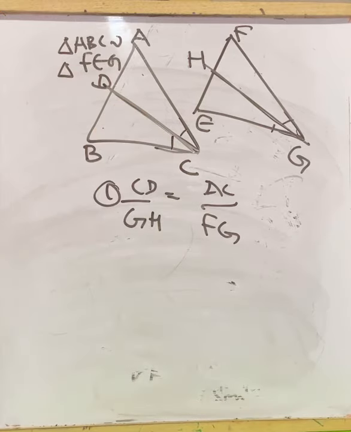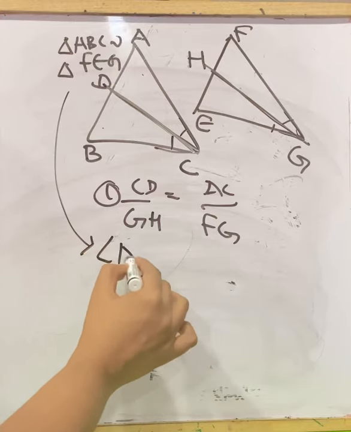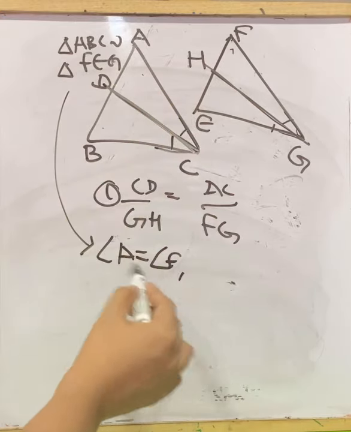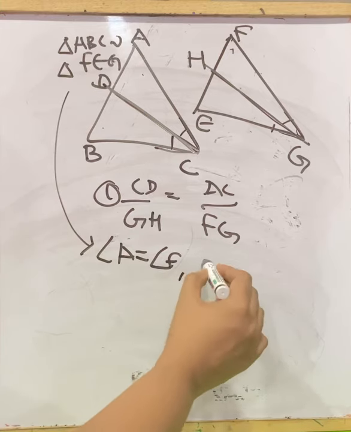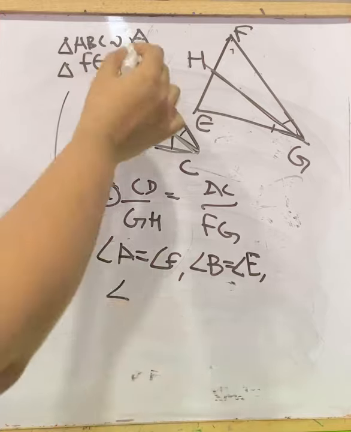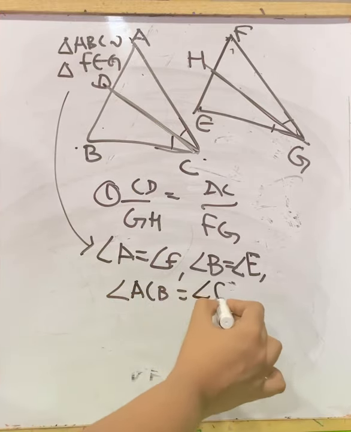As these two triangles are similar, we can say angle A equal to angle F, that is these angles are equal because similar triangles angles will be equal. Angle B equal to angle E and total angle, that is ACB, will be equal to FGE.